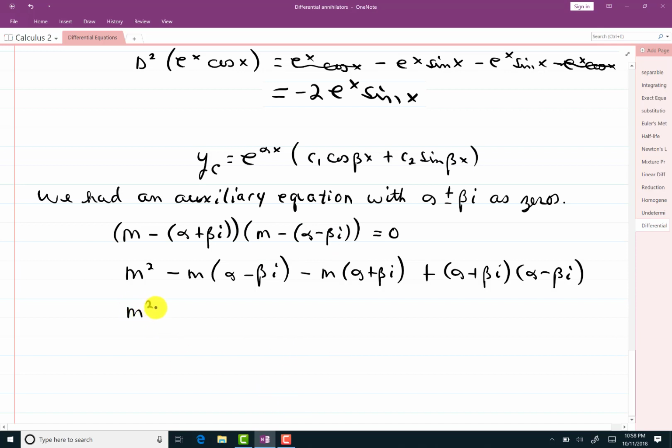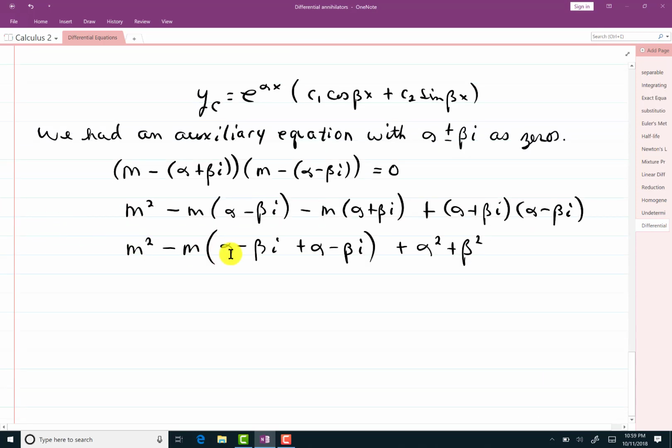Let's see what we get. m squared. When I try to combine my m's, I'm going to have negative m times alpha minus beta i plus alpha minus beta i. And then the last part, if you FOIL it out, you'll get alpha squared plus beta squared.